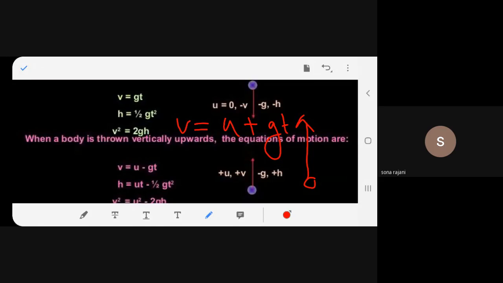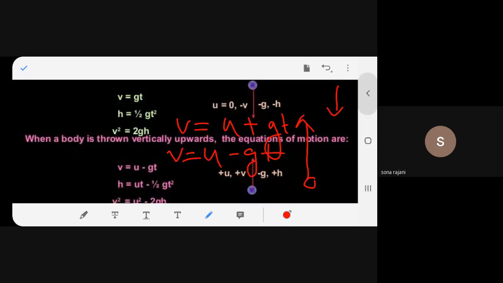But when the body is coming down, V is equal to U plus GT. But when I'm throwing the body up, the acceleration due to gravity becomes negative because it is going up. So what it will be? V is equal to U, the G will become minus. So U minus GT. This is the first equation of motion due to gravity. Because I'm throwing it up, it's working against the gravity, so G becomes minus.